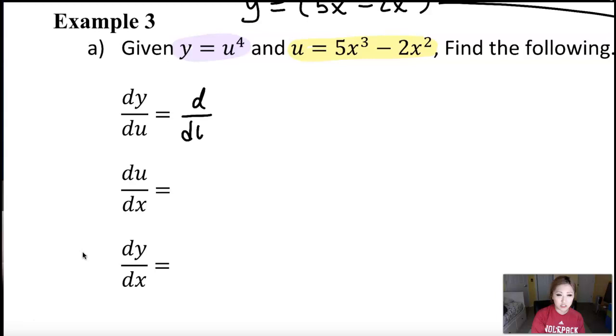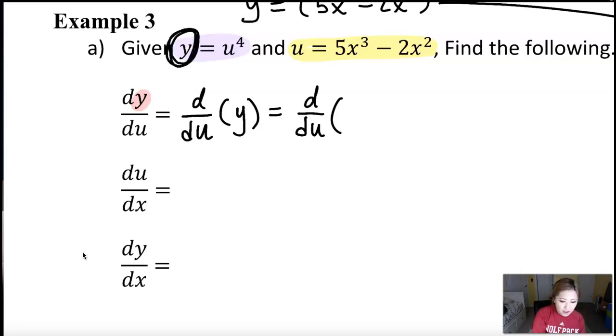So first, bring this y down for me, like this. And let's talk about what this is. We're finding the derivative of y with respect to u. Okay, so d du of, let's put y in here.